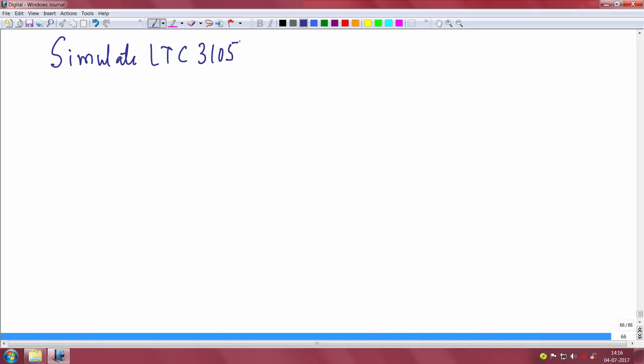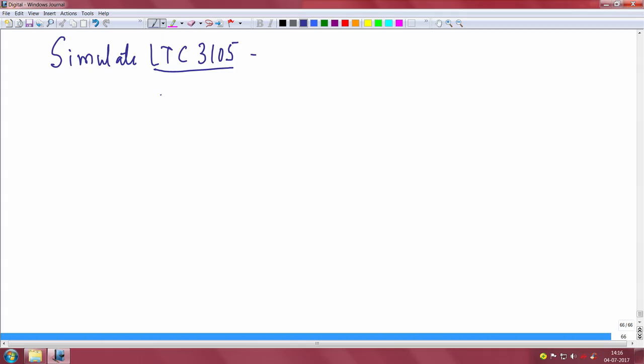LTC3105. Again, I have no bias for a particular company, but a lot of the work on energy harvesting chips and components is actually done by Linear Technology, and also by TI, Maxim and other vendors.